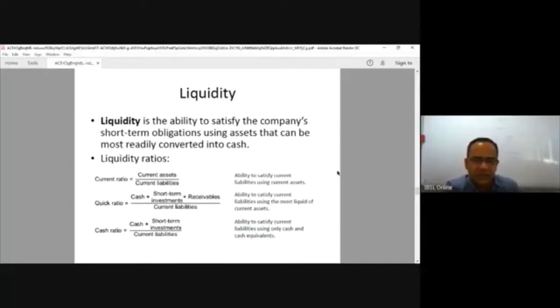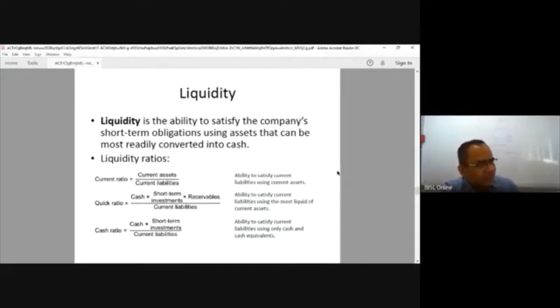Now, how do you look at liquidity? A very commonly used liquidity ratio is the current ratio, right? You divide the current assets by the current liabilities and you get the current ratio. Current assets, like I told you, are assets with roughly a 1 year period.